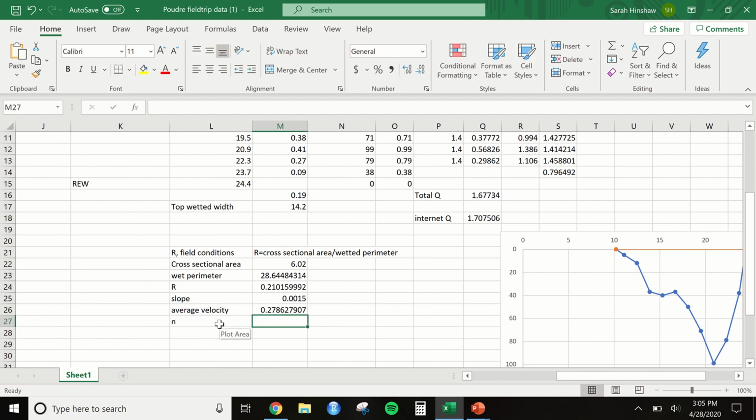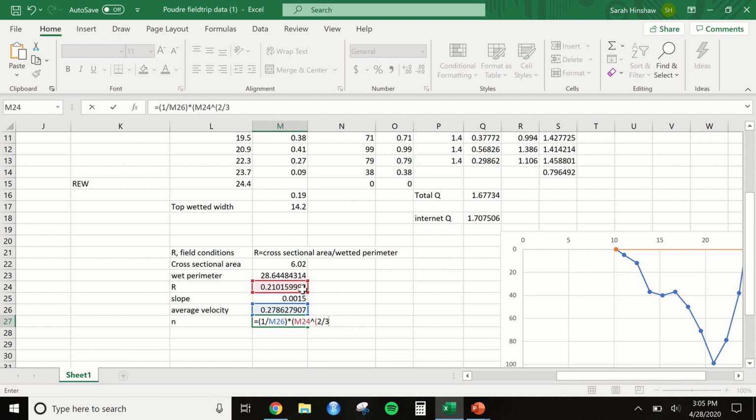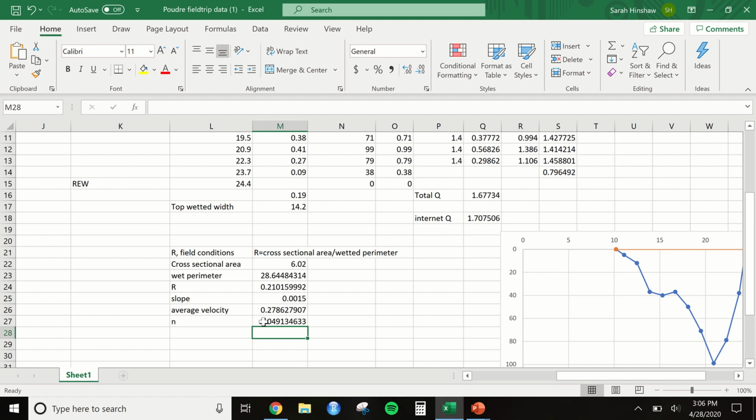N equals R to the 1 over... times, I always use way too many parentheses because I'm scared of parentheses. But it's better to be safe than sorry. Okay, so our n here is 0.049.